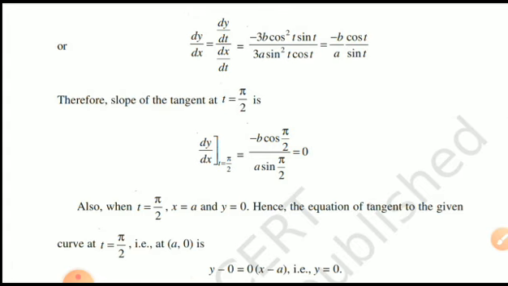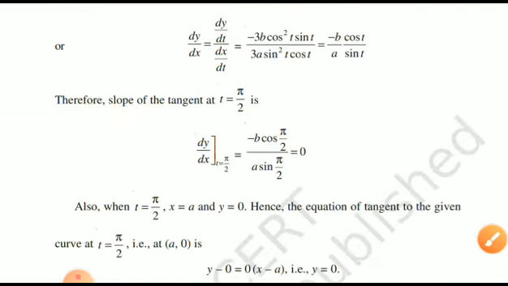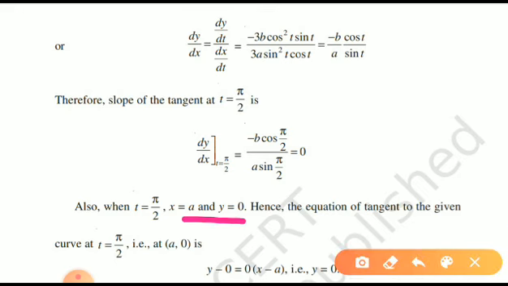If t is pi by 2, sin pi by 2 is 1, so x will be equal to a. If t is pi by 2, cos pi by 2 is 0, so y will be equal to 0. So the point we get is (a, 0).